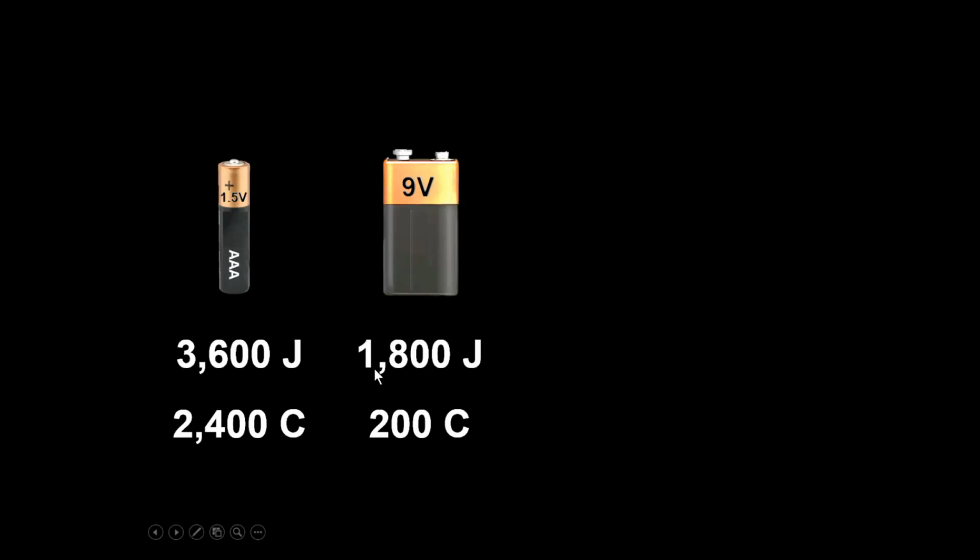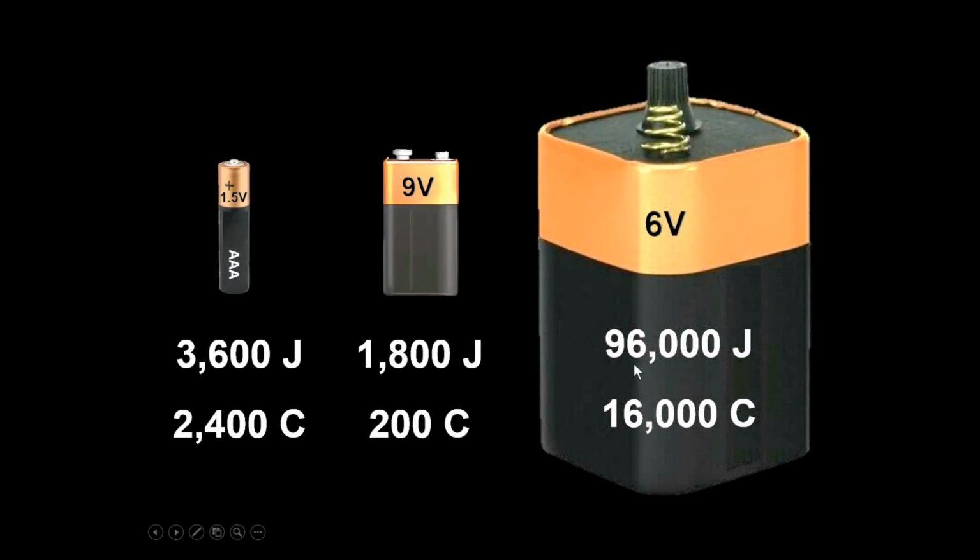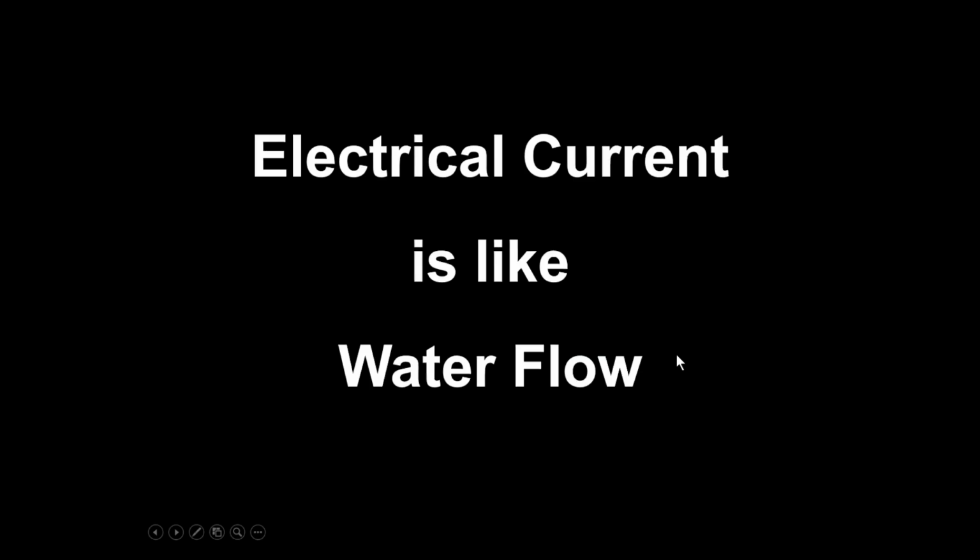A 9-volt battery has a little less energy and a lot less charge, but that much energy divided by that much charge is 9 volts. A big lantern battery like this, 96,000 joules of energy, 16,000 coulombs, and if you take joules per coulomb, you get about 6 volts.